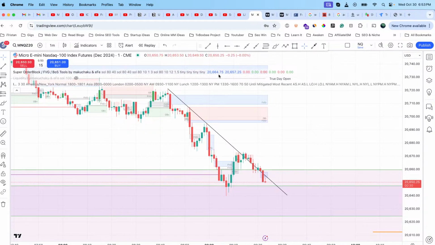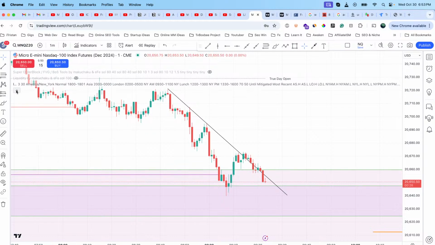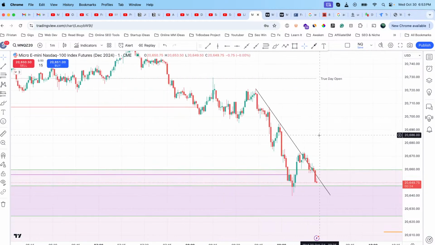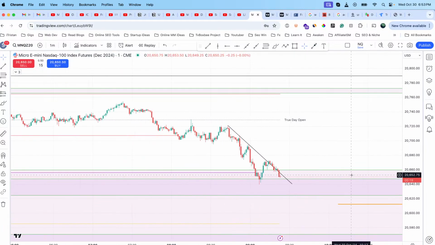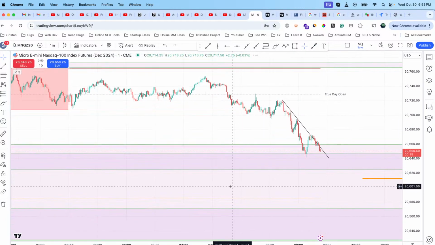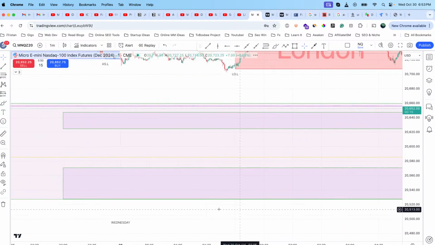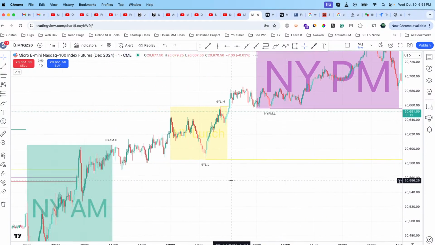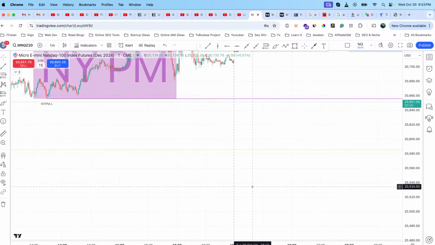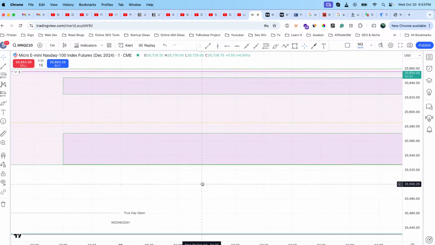Too many things on the chart just confuses you, so I'm gonna just hide this. Only one indicator right now. What is this thing over here? New York low for the last day.